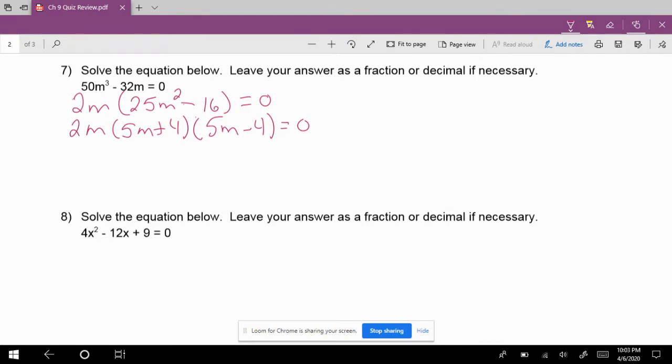I could just set 25m squared minus 16 equal to 0 and then use the square root method. I'm going to end up with the same answer. So because my GCF did have a variable with it, I'm going to set it equal to 0. And that one gets me 0. Then I have my 5m plus 4, and that's going to get me negative 4/5.